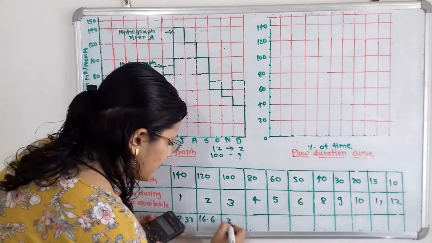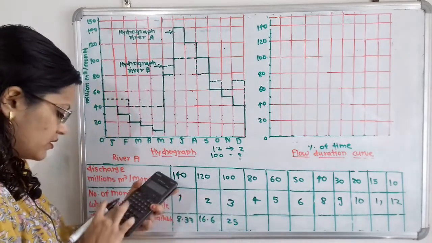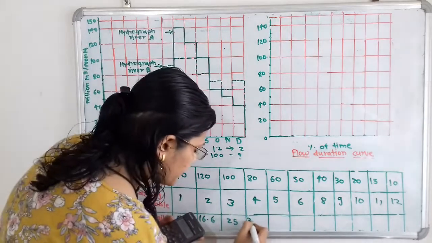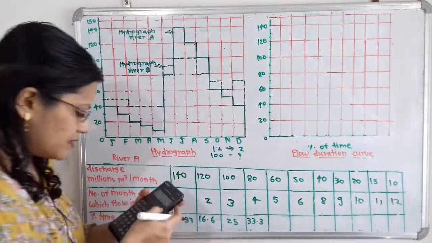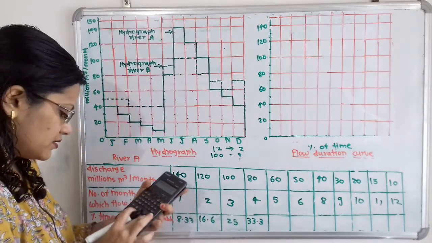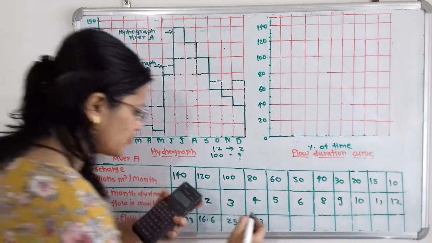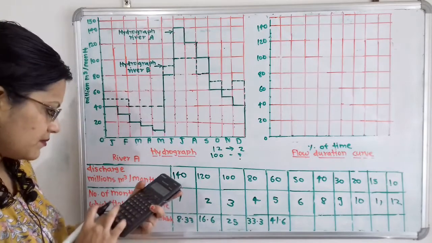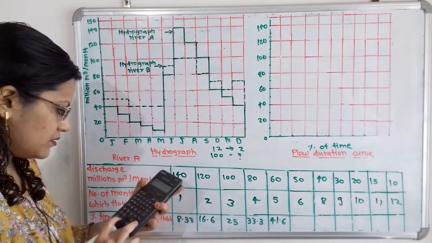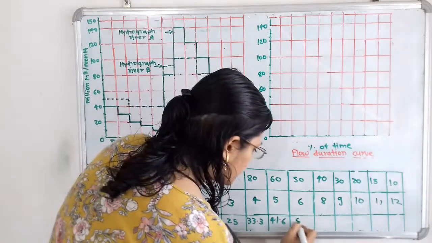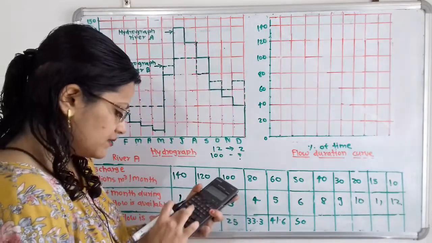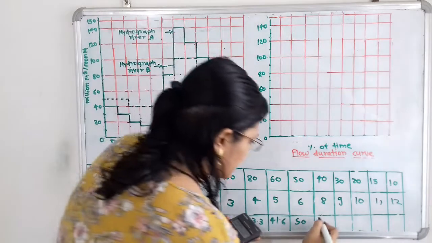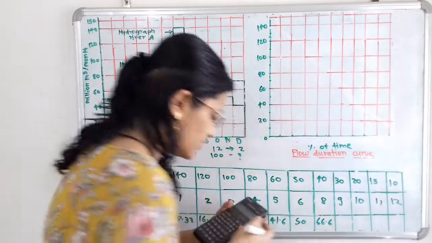That is 25. Then 400 divided by 12. That is 33.3. Then 500 divided by 12, that is 41.6. Then 600 divided by 12, that is 50. Then 800 divided by 12, 66.6.